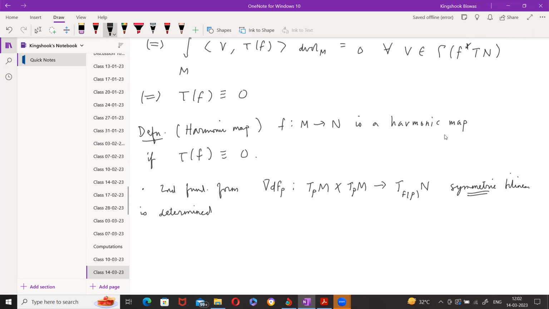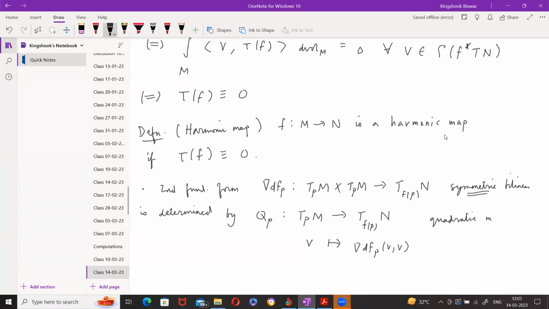Any symmetric bilinear map is determined by the quadratic map Q_P from T_P M to T_f(P) N, V goes to nabla df_P of (V, V). It's not a quadratic form because it's vector valued; it's a quadratic map.